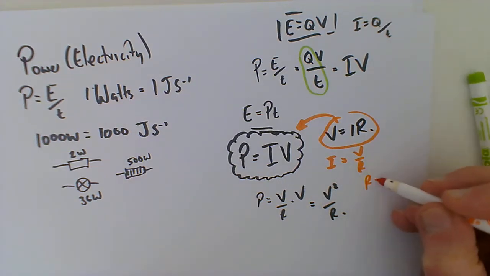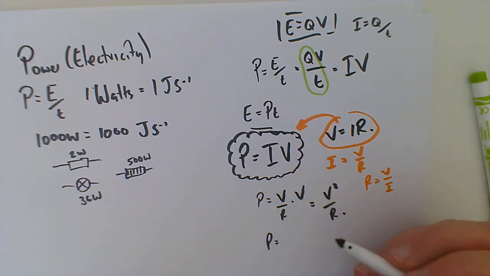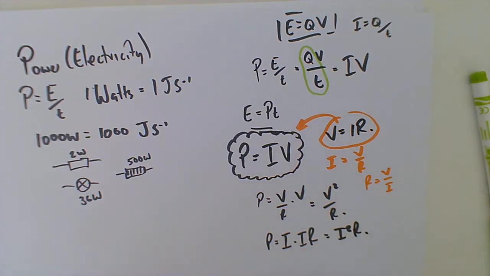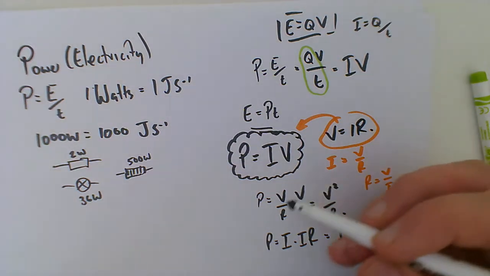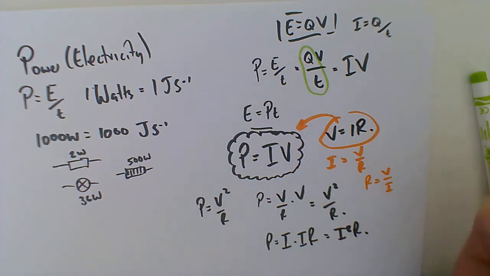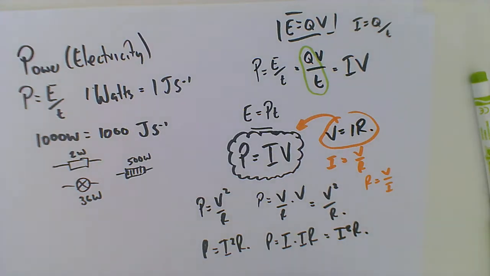R equals V over I, which means that P equals, what does V equal? V equals IR, so we get I times IR equals I squared R, which leaves us with 3 formulas then. First one being P equals IV, second one being V squared over R, third one being P equals I squared R.